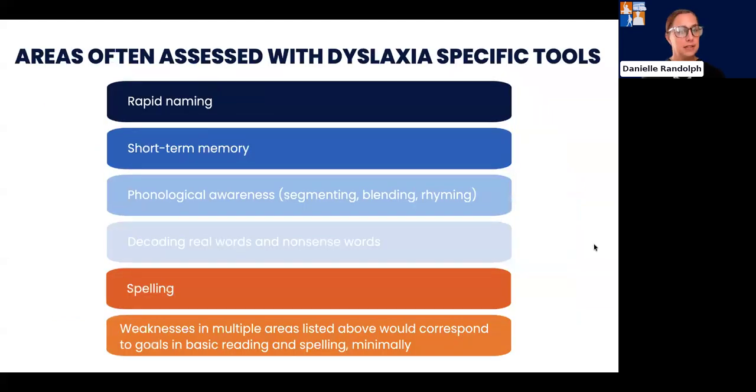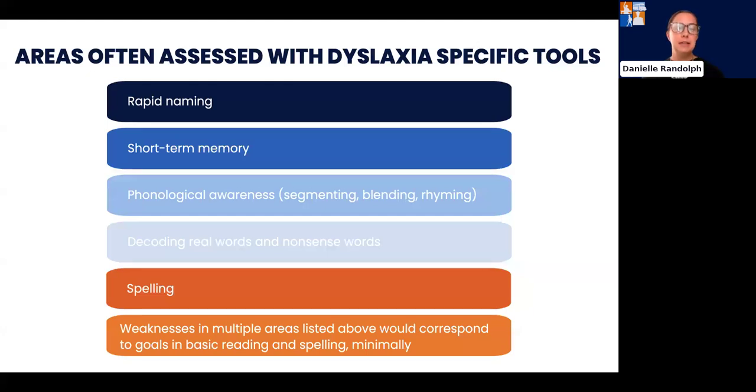So when we think about dyslexia, and sorry, I misspelled that one. It's ironic. When we think about dyslexia, there are specific areas that are going to impact a student's success in school. And some of those might not be ones that you would think of. The first one is rapid naming. So being able to retrieve information, especially words, quickly.